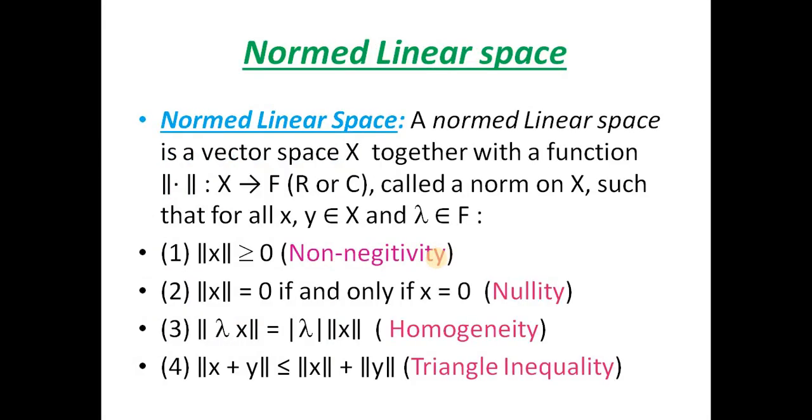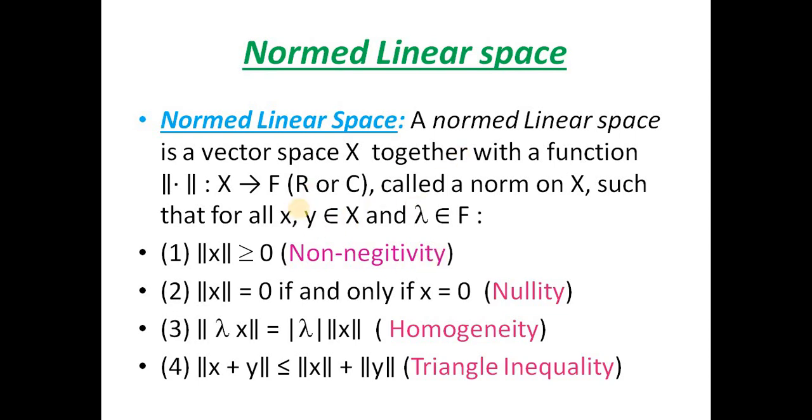Normed linear space. A normed linear space is a vector space X together with a function from the vector space X into the scalar field F, where this field may be the field of real numbers or complex numbers, and this function is said to be a norm on X, and which satisfies these four properties.